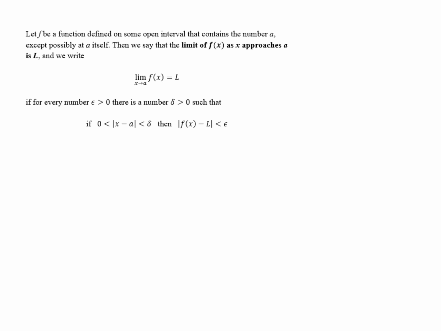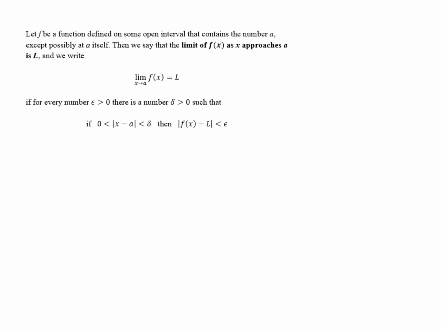So what this means is for any positive number epsilon, if we're given a number epsilon, we're able to find a number delta such that if the distance between x and a is less than delta, we need it to be greater than 0 because we don't want x to be equal to a. Remember, one of the golden rules with limits is we don't care about the value at a, only nearby.